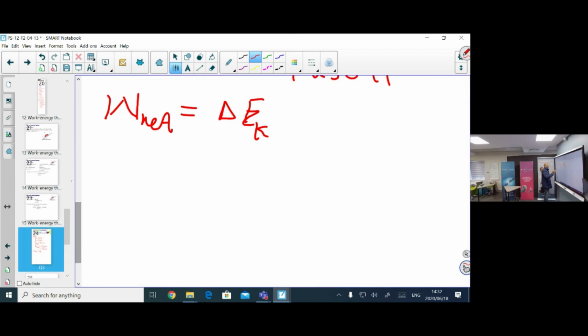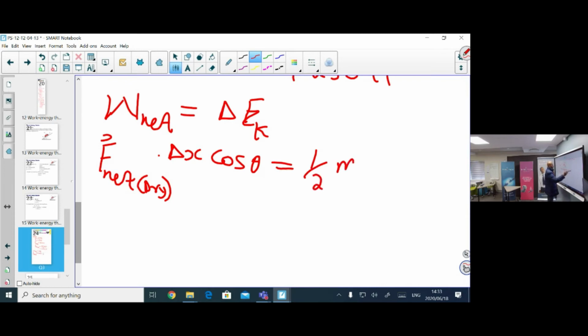Now we have to substitute here. We know that W net, according to the formula of work, is the product of the force and the distance, not acceleration, beg your pardon. Let us start with the dry day: F net dry multiplied by change in x multiplied by cos theta, which is equal to half m v final squared minus half m v initial squared.